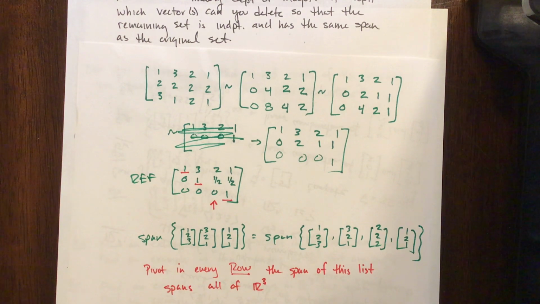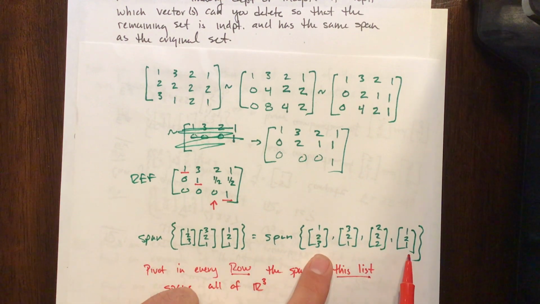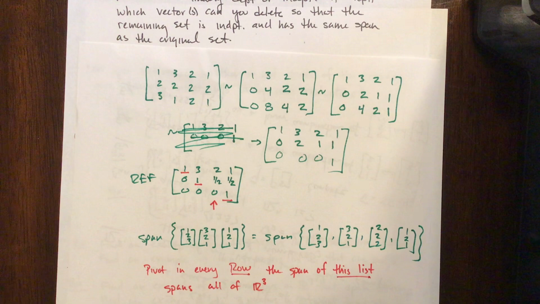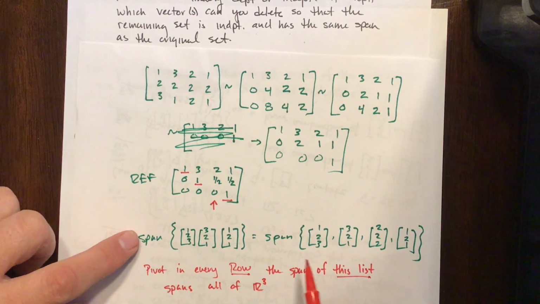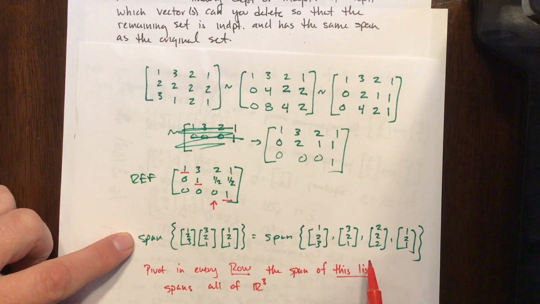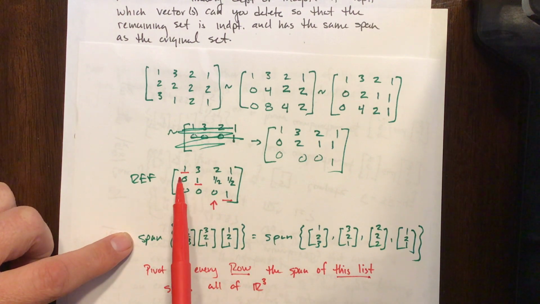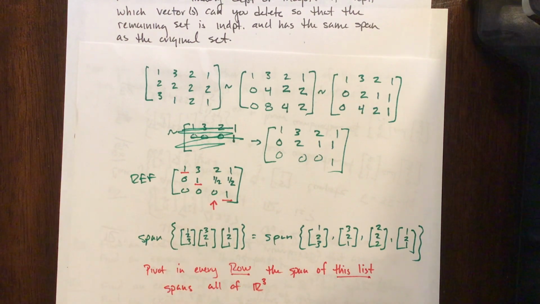And when I say this list, am I talking about the one with 3 or the one with 4? The answer is both. It doesn't matter, because the span of each of these lists is exactly the same. And what is that span? All of R3. Why is it all of R3? Because there's a pivot in every row of our row echelon form version of our matrix.